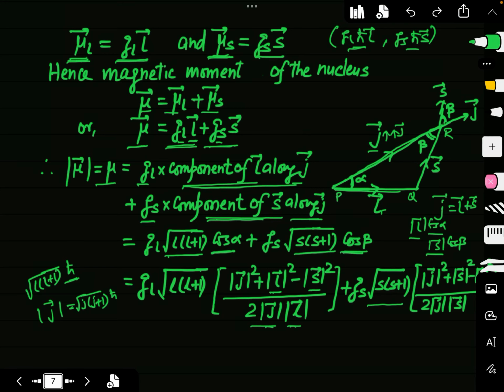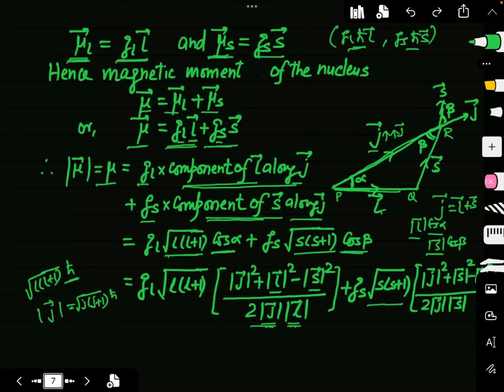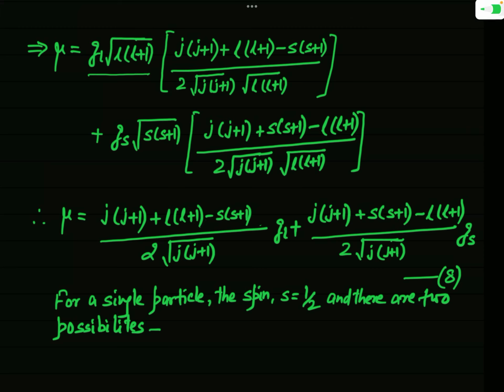Okay. So in a similar manner, in the denominator you can again write the expressions for mod of J and mod of L. So writing these expressions, what will be your result? You can see mu will be equal to GL times root over L into L plus 1, and instead of mod of J square I have written here J into J plus 1.